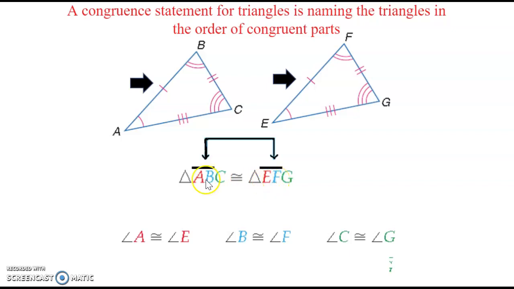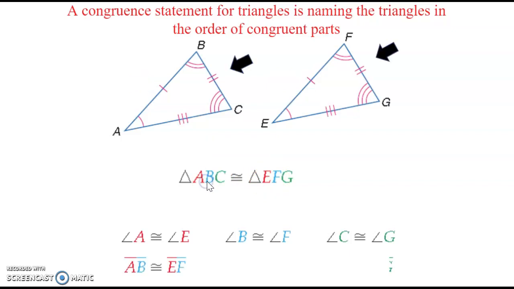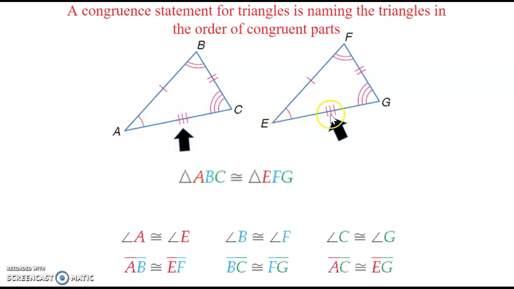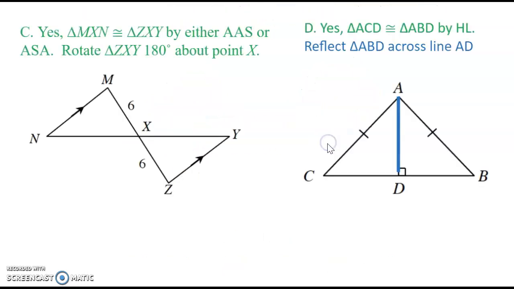So they should match up. Likewise, BC should match up with FG. And finally, AC should match up with EG. Okay, all right.